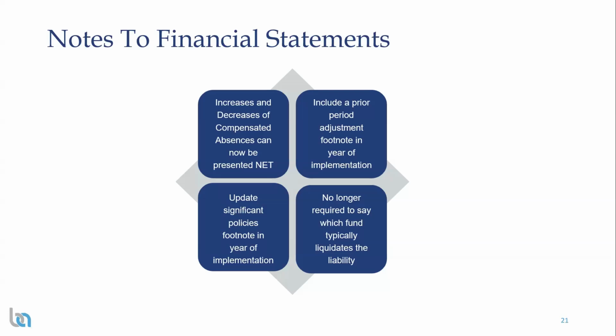I think most of you already plugged the number anyway, because the information wasn't that readily available. So a lot of our clients will say, well, we know what the additions are, or we know how many hours people earned, and then we just assume that the deletions are the difference. So now you don't have to do that. You are allowed to report it net, but you can still do additions and deletions if you would like.